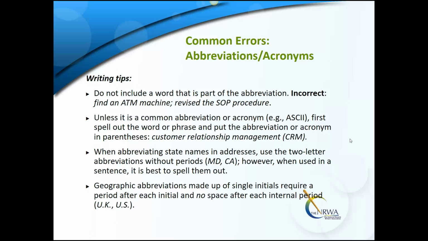With states, if you choose to abbreviate the state, it's always the two-letter capital. Not the way I learned back when I was in school, in California it was uppercase C, lowercase a-l, period. Maryland was uppercase M, lowercase d, period.